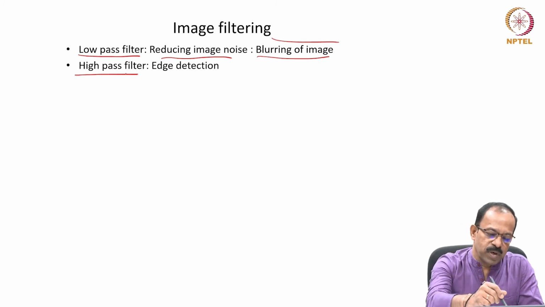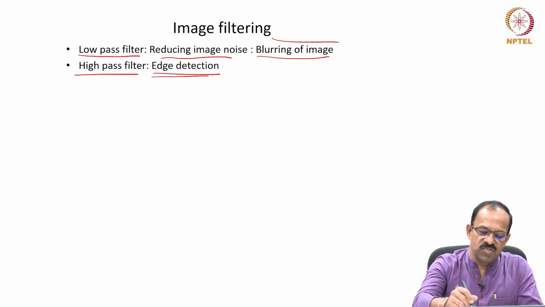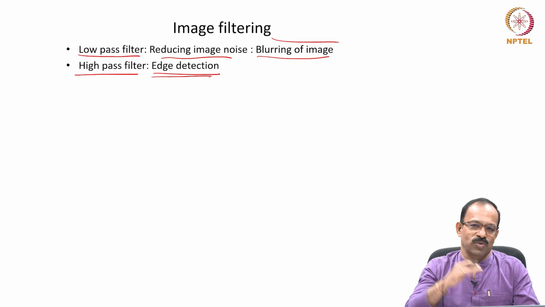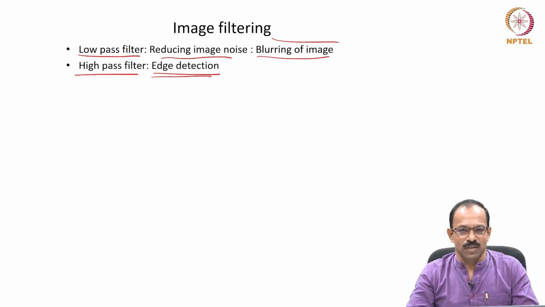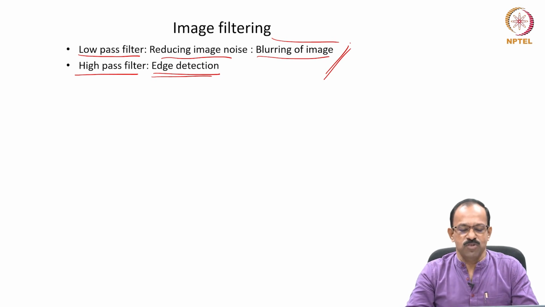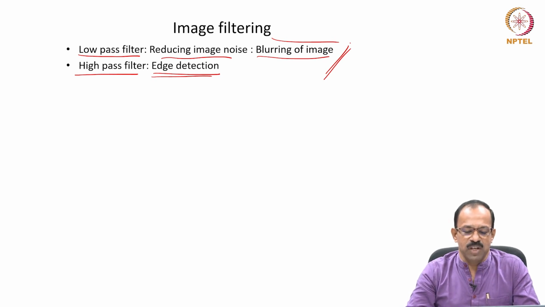Or you can have a high pass filter to get the edges detected. The low pass filter will pass all low frequency signals, and the high pass filter will pass only high frequency data. That is where you get either a blurred image or a sharpened image with edges.